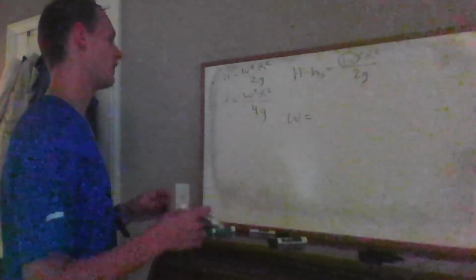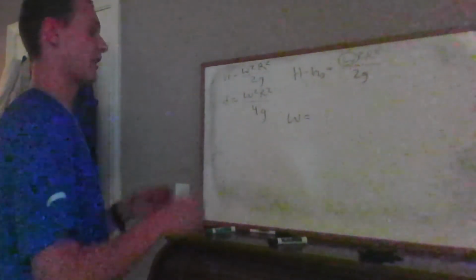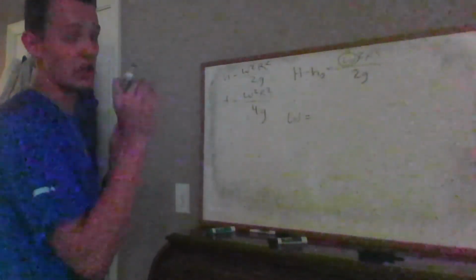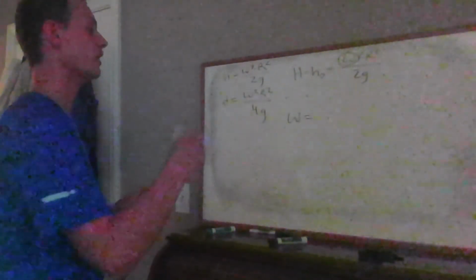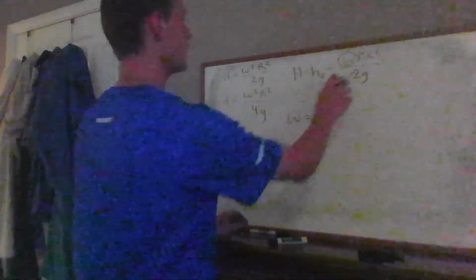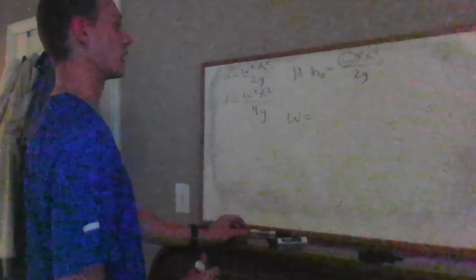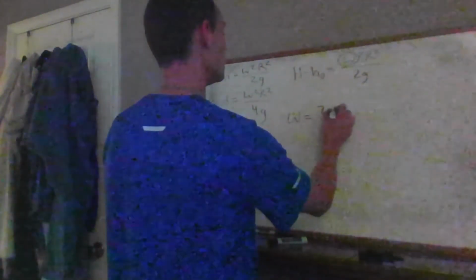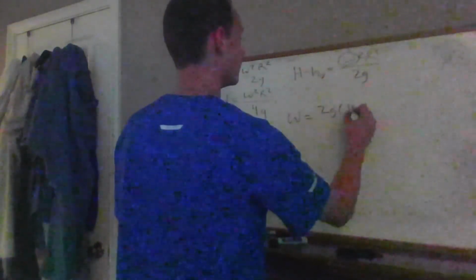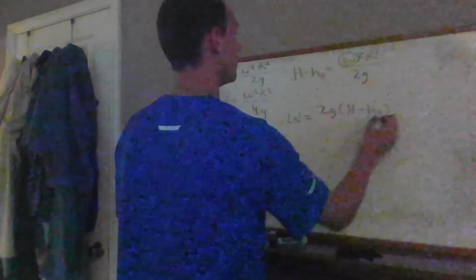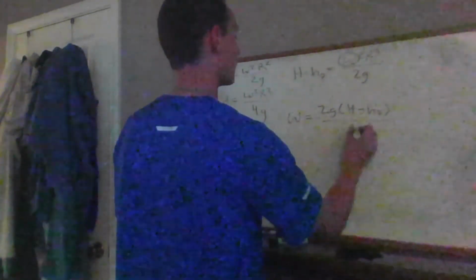This is the maximum angular velocity that we can spin our turntable without any of that liquid, or just barely without any of that liquid, spilling out of our cup. So that's really cool. We multiply both sides by 2g and then divide by r squared and take the square root. So you have 2g large H minus H naught over r squared.